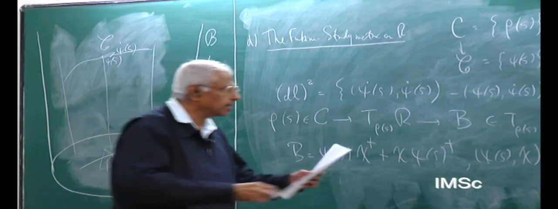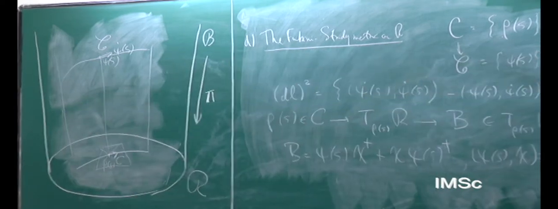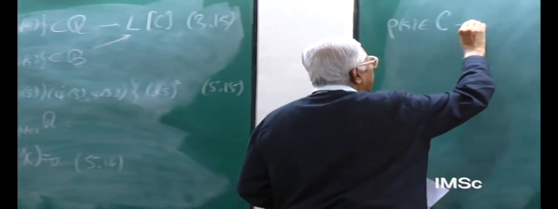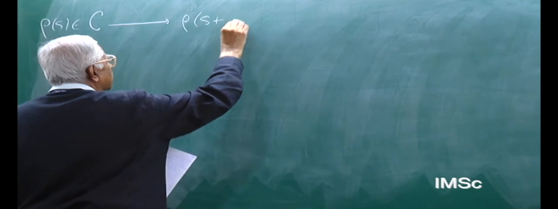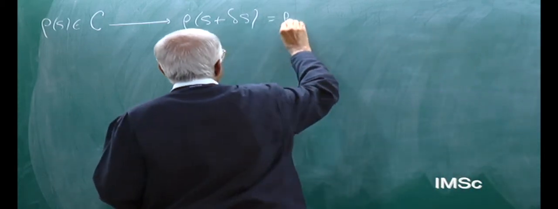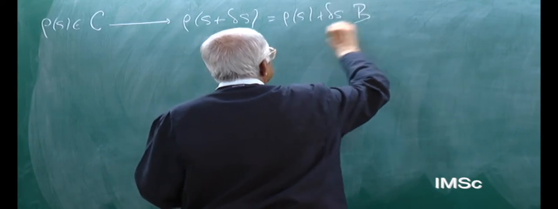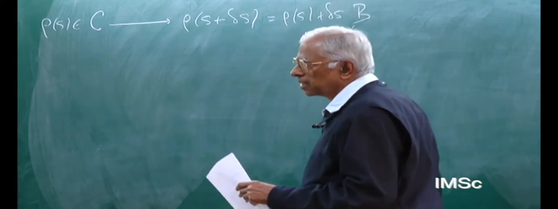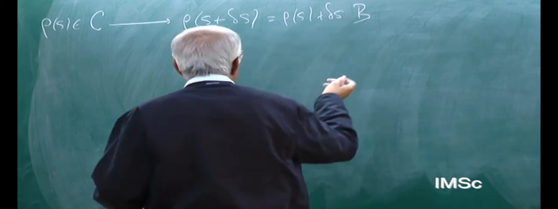So what does it mean? It means you start at a point rho of s, and then you reach a nearby point on that curve by saying that it is rho of s plus small change in parameter times the tangent vector you have chosen there. All right? This is the natural definition of tangent vector.